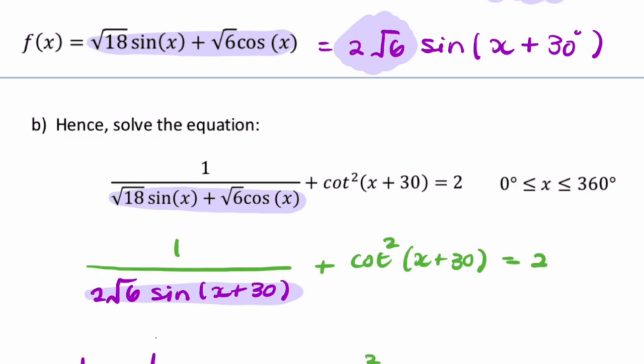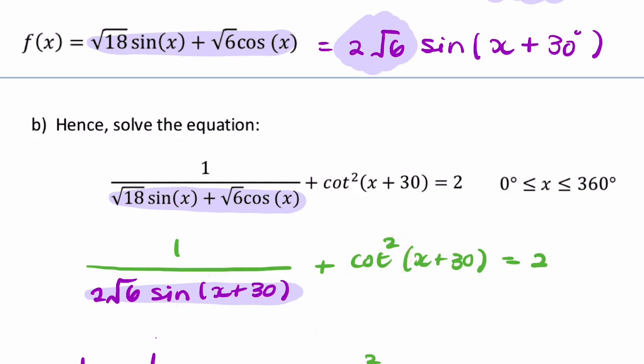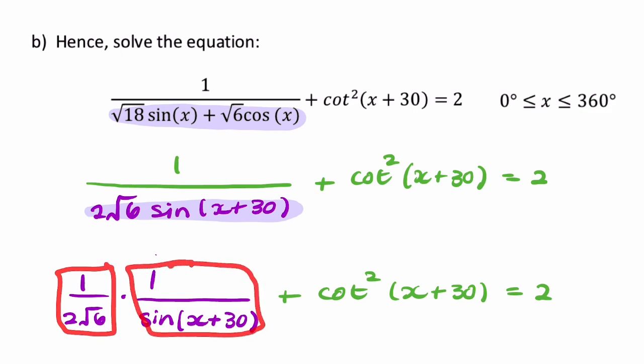It still doesn't look very nice because we have a cotan squared and a sine. So we need somehow either to convert this into a sine or convert sine into a cotan. So we end up with some kind of a quadratic. Now cotan is cosine over sine. That probably won't help much. But if you realize that, so I can rewrite this as a coefficient multiplied by a 1 over sine.